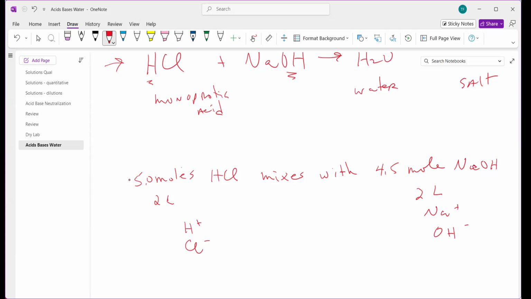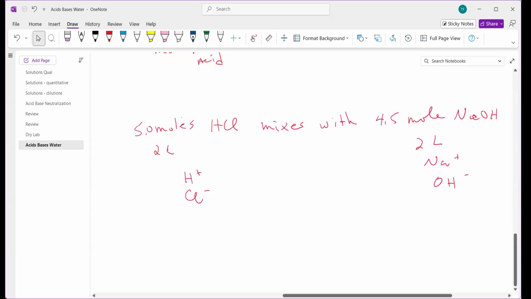So what are the concentrations now of everything? First of all, what's our total volume? 4 liters. Mix them together. However, we've got some stuff going on underneath the covers in a neutralization reaction. Because we are taking out H plus and OH minus ions because they're going to react to form water, they are no longer there in the calculation of concentration.